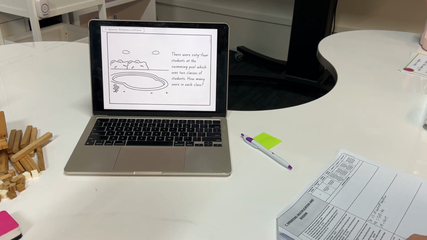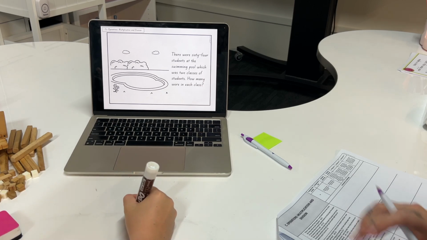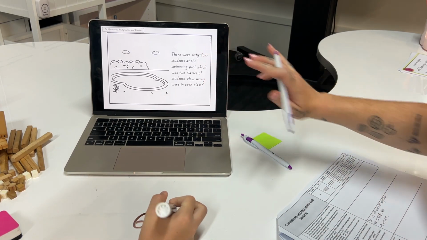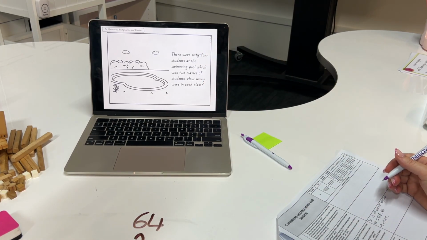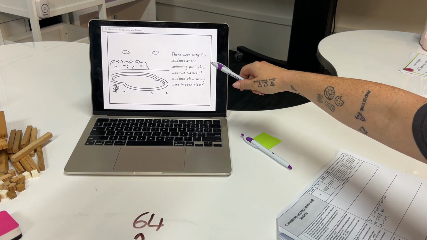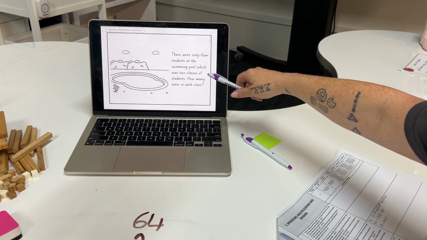Wow. 64 students at the swimming pool, which is 2 classes. How many were in each class? I don't know. Not sure. So are any of our numbers that we know from this something we could use to help us? So you've got 64 there and 2. Okay, awesome. So there's 64 students at the swimming pool, which were 2 classes of students.